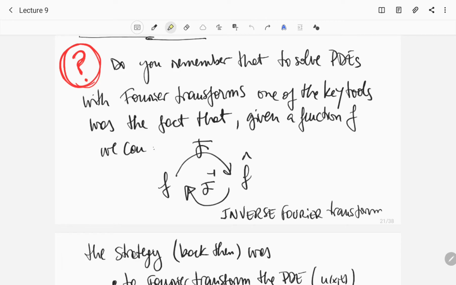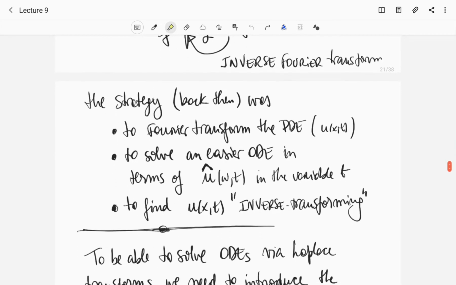Back then, for solving a partial differential equation, we Fourier transformed the PDE, then solved the easier ODE that we got in terms of the Fourier transform of u in the variable t.